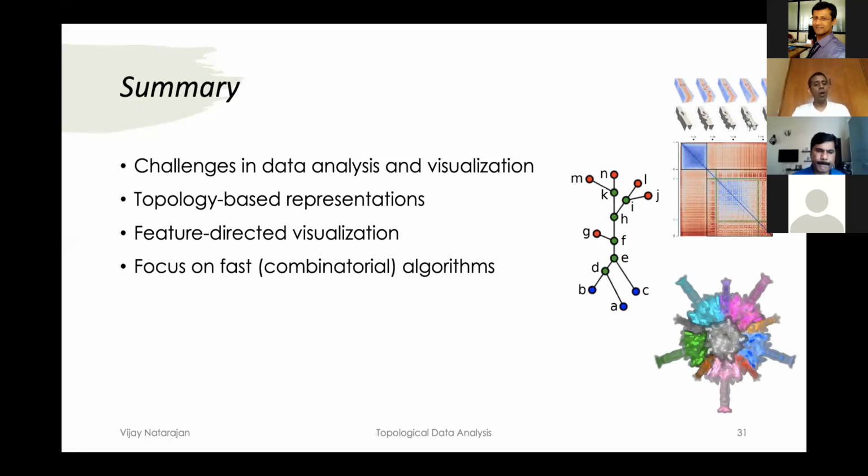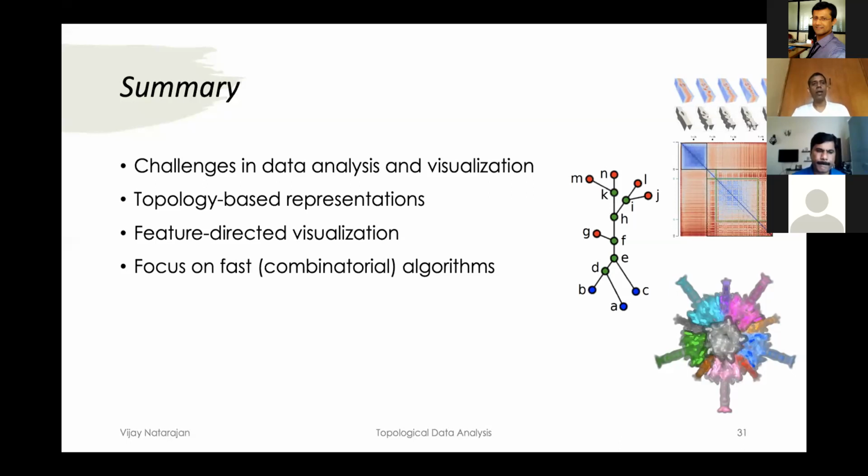What I did not talk about is algorithms for computing these representations and algorithms for actually displaying these representations. But I would like to note that these algorithms happen to be combinatorial algorithms.